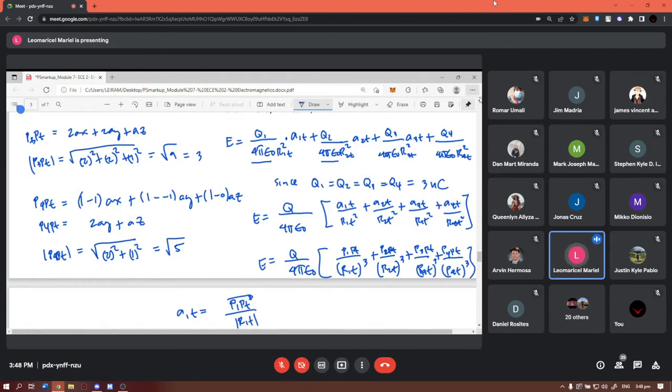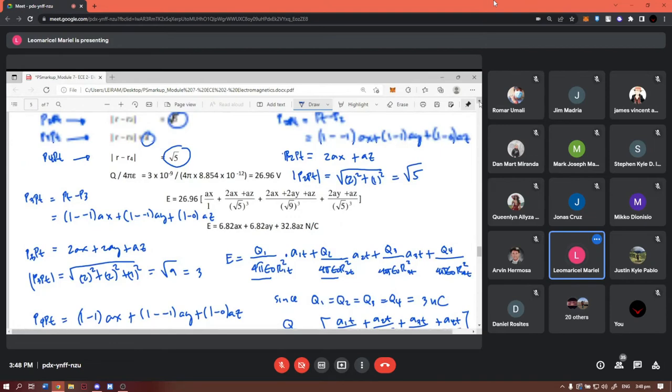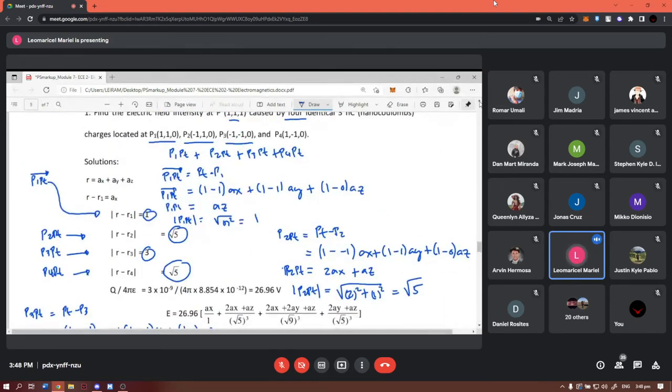Kaya dito sa ating problem, ito 'yon. Ano yung vector P1 PT? The vector P1 PT is, saan yung kinumpit natin kanina? AX. Ito. Ano ba? AX ba? Mali itong na ko natin.